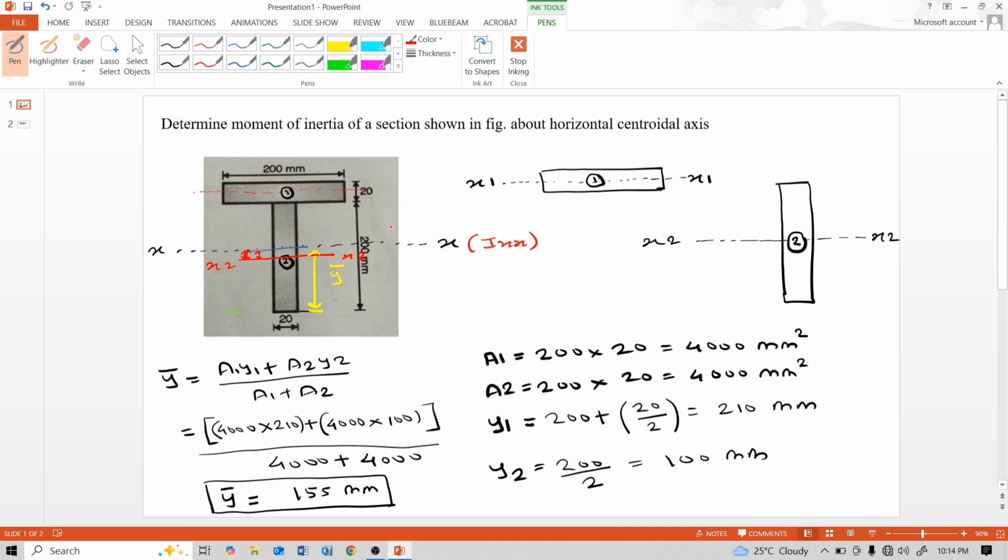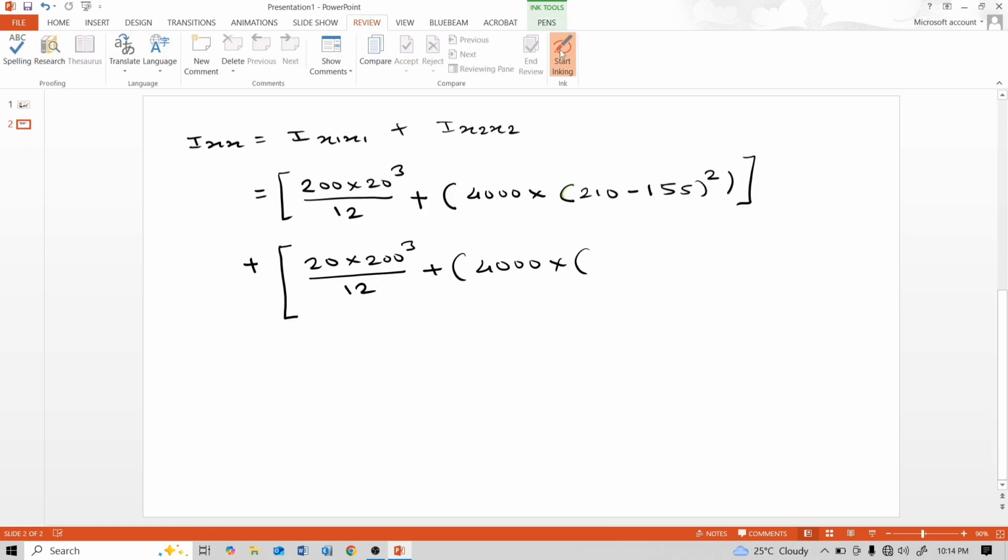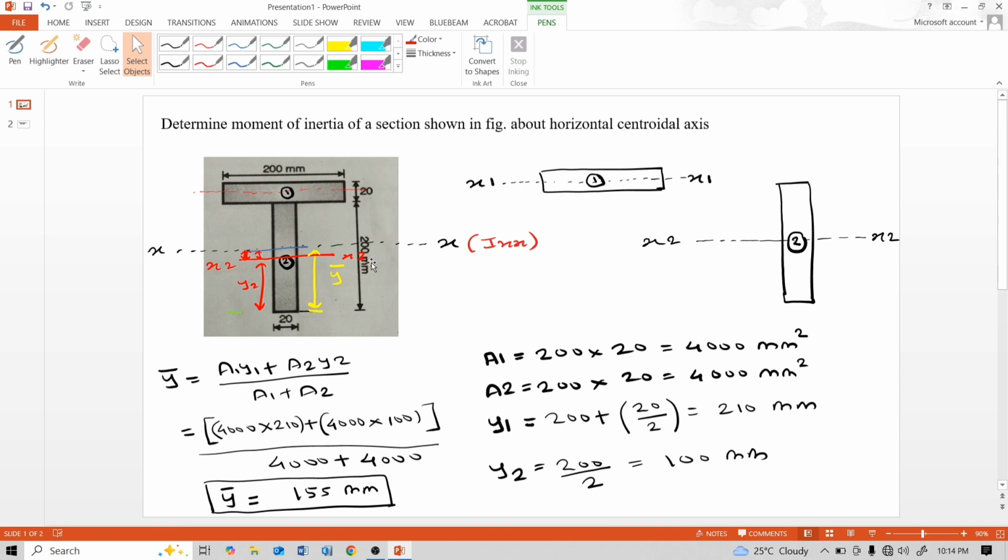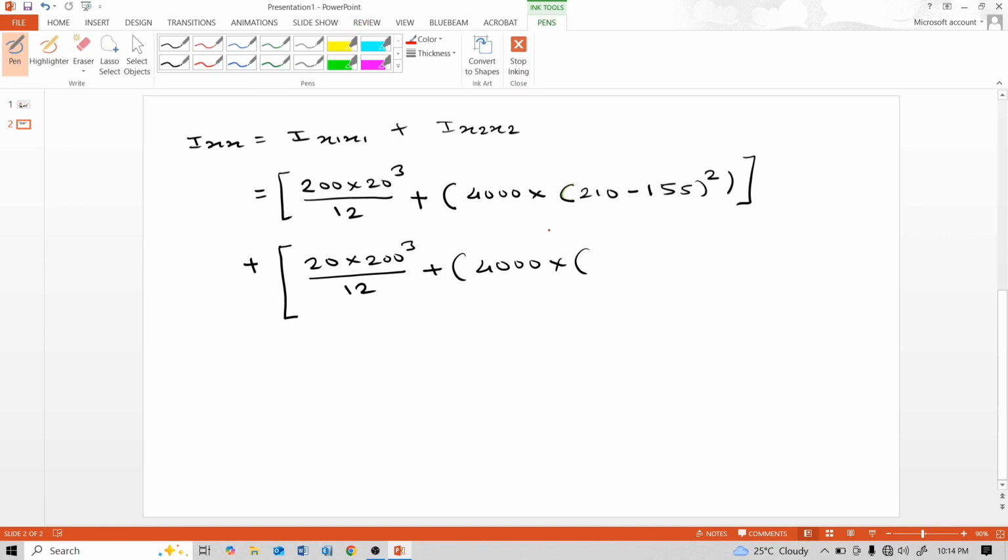That is y bar minus 200 by 2, that means 155 minus 100, and square.